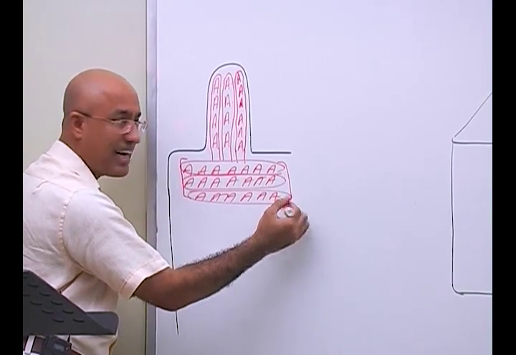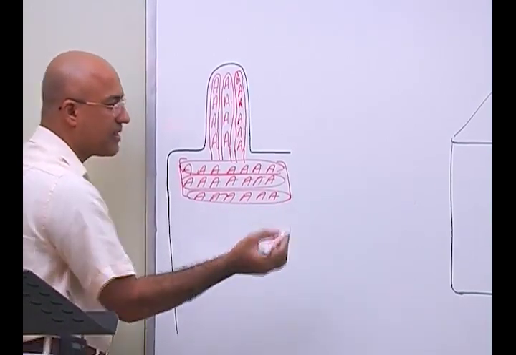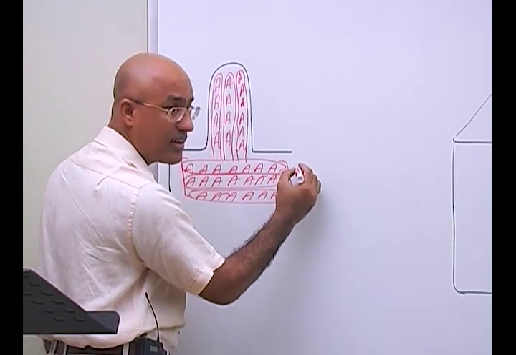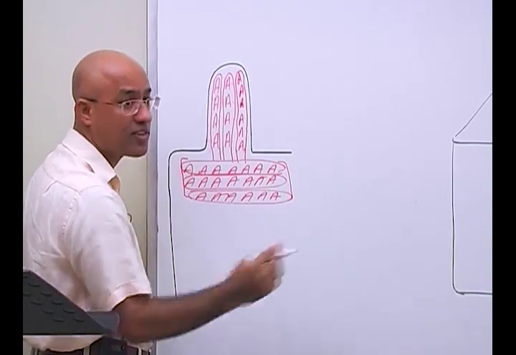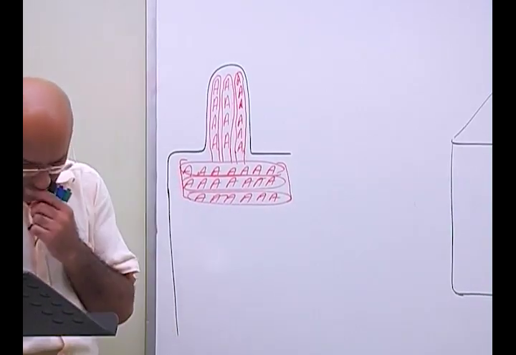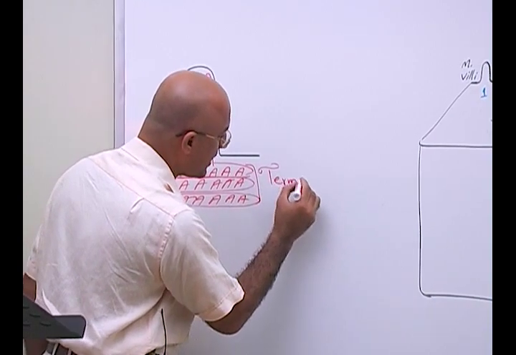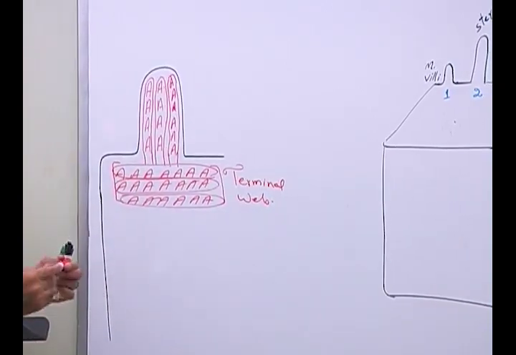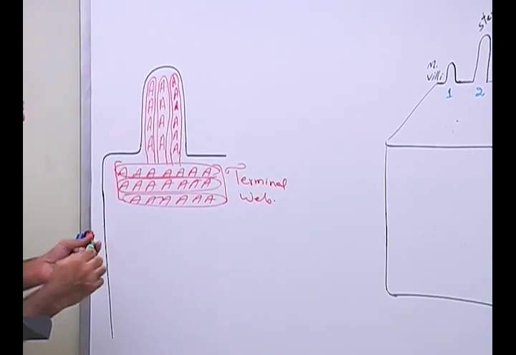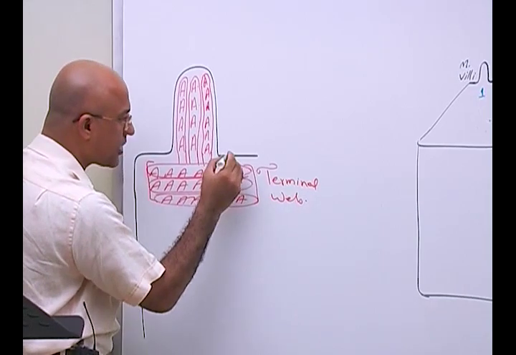This structure under the cell membrane, which is making a network of actin filaments, is of course part of the cytoskeleton, and it is called the terminal web. What is it? Terminal web. It's a part of the cytoskeleton. Now, this terminal web is held with the plasma membrane with special proteins.